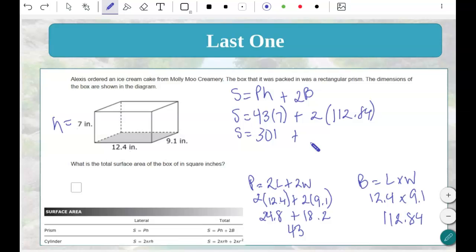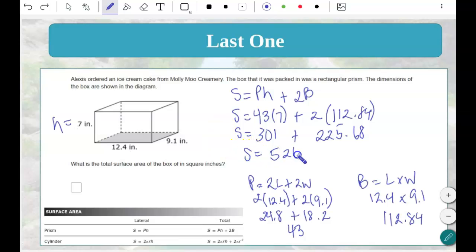And I get 225.68. Add those two together. So plus 301. That's 526.68 is the total surface area.